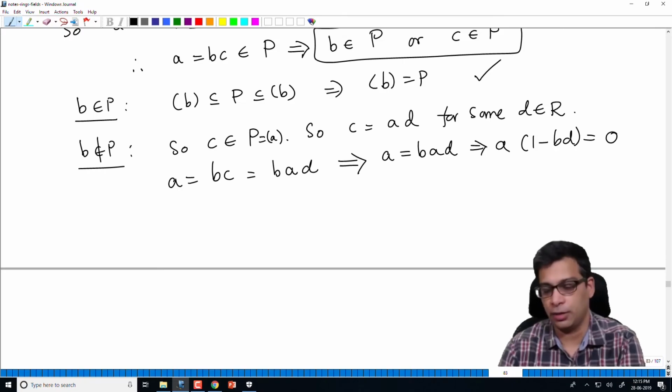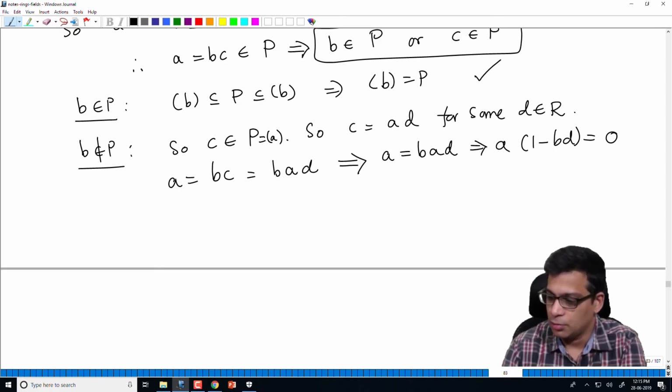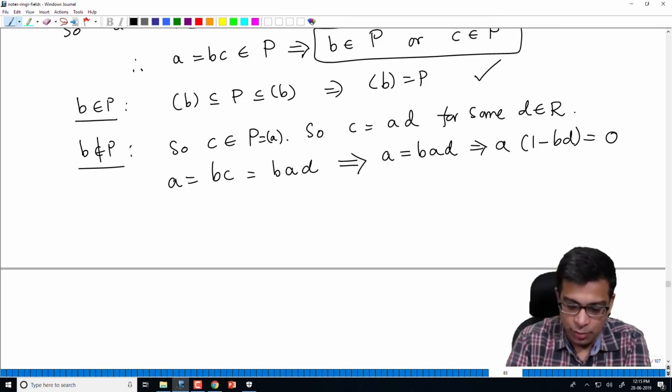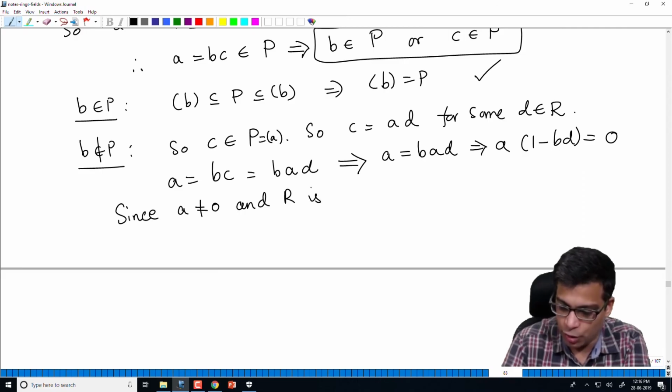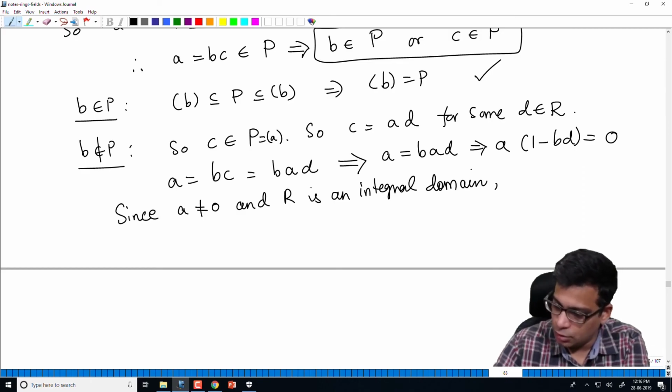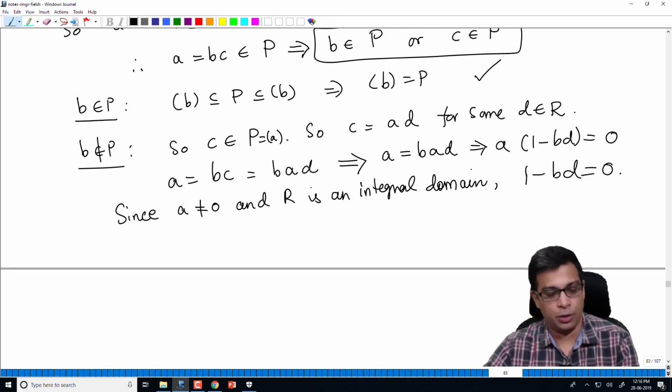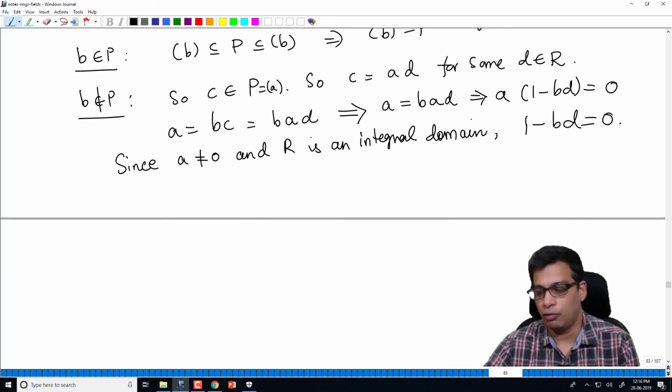I am just subtracting BAD from both sides and factoring A. But since B is non-zero, A is non-zero and R is an integral domain, 1 minus BD is 0, because in an integral domain, if two elements multiply to 0, one of them must be 0.